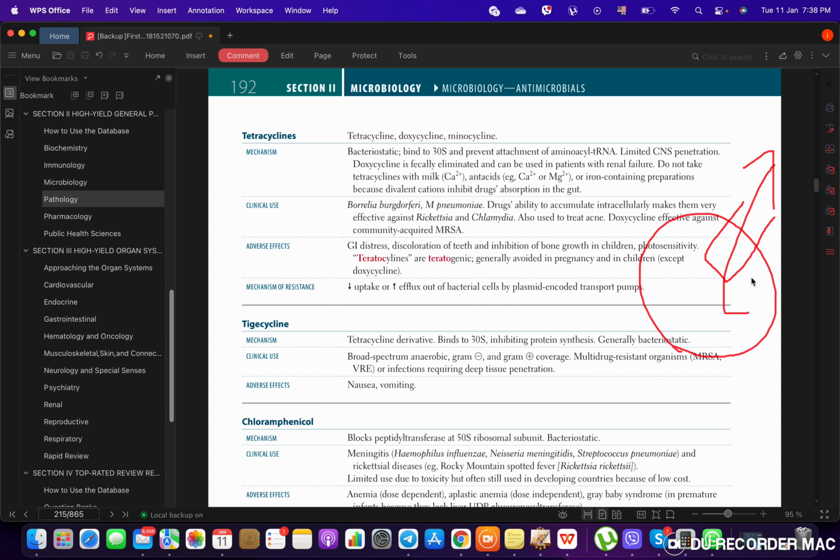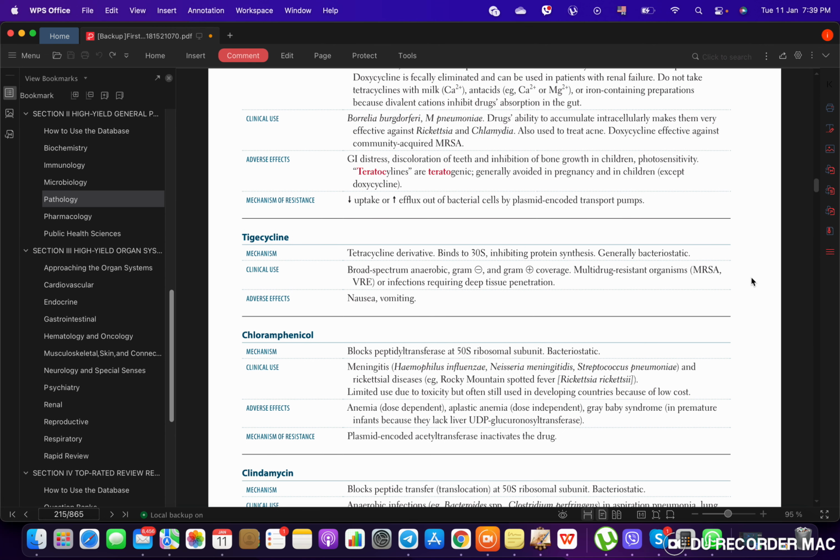The plasmid, absolutely, the plasmid, yes. So they are plasmid encoded transporter pumps.